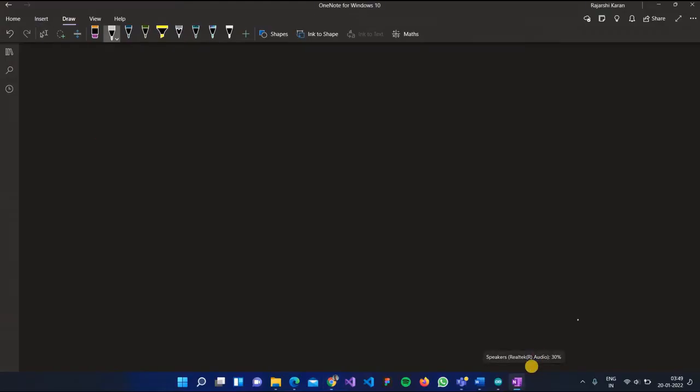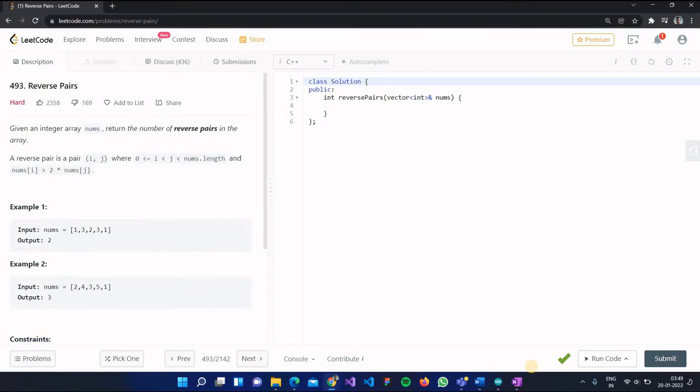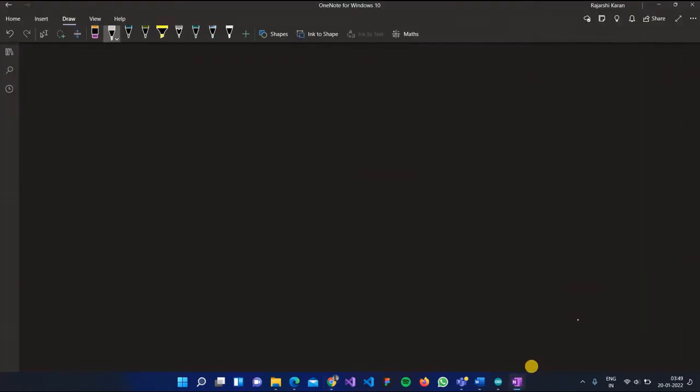Let's take this example over here, that is 1, 3, 2, 3, 1. We'll work with this example itself, so let's create this array over here. What is the most basic approach that will come to anyone's mind? The brute force approach, as you call it.